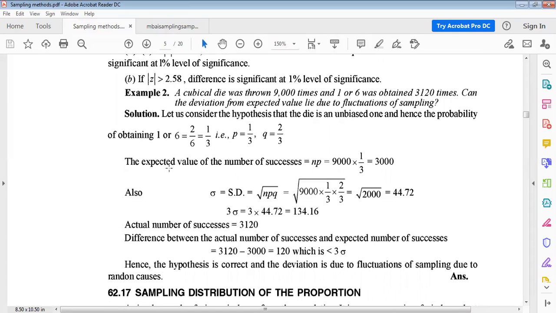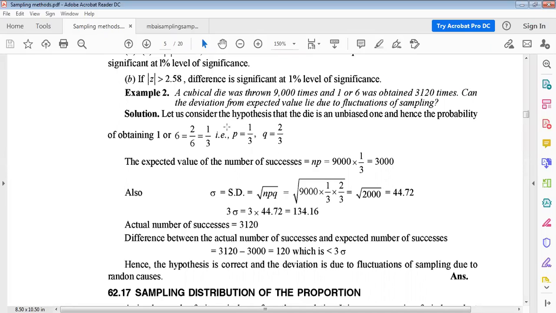Suppose example 2, a cubical die was thrown 9,000 times. How many times? 9,000 times. And this is a cubical die, and 1 or 6 was obtained 3120 times. Can the deviation from the expected value be due to fluctuations of sampling?